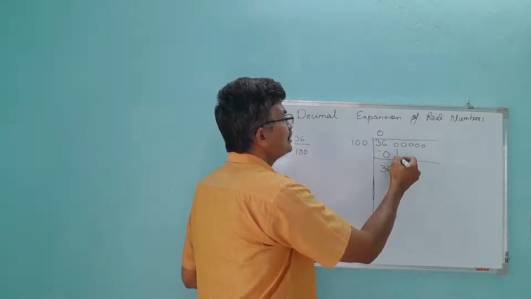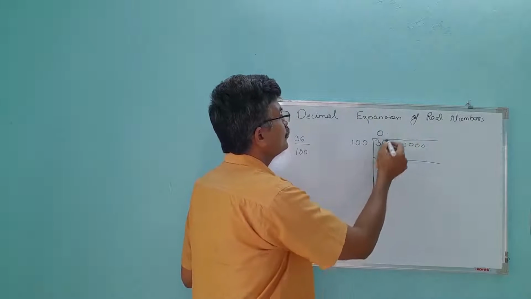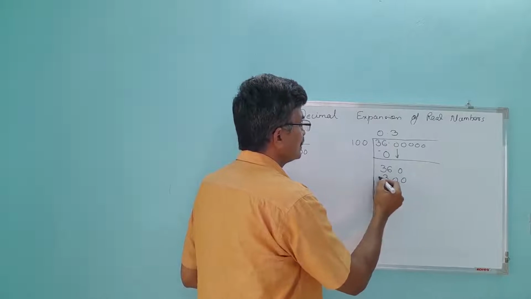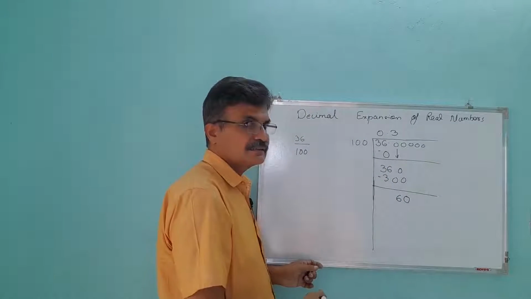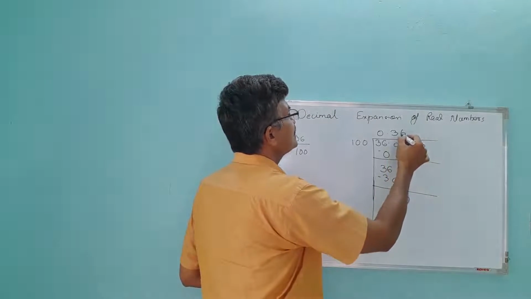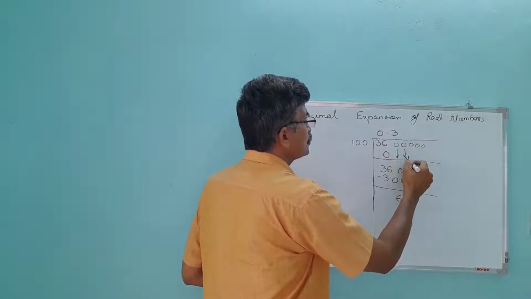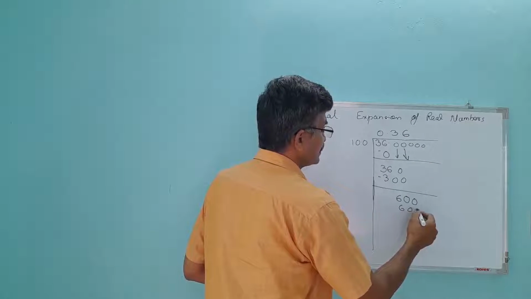Bring this 0 here, there is a decimal point here, put the decimal here. How many times? 3 times, 300, again subtract. Remainder is 60. How many times? 6 times. This 0 will be brought here, 600. How many times? 6. 600.